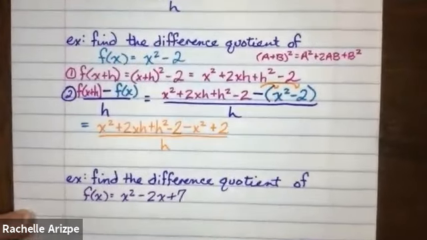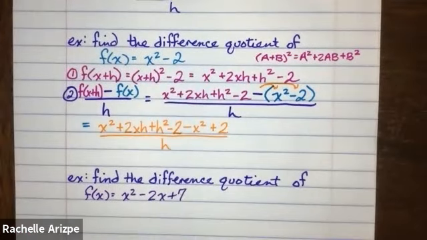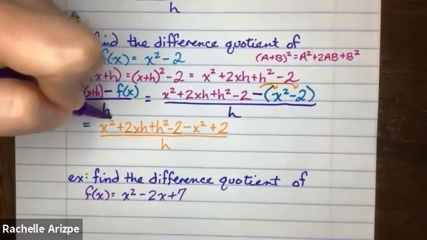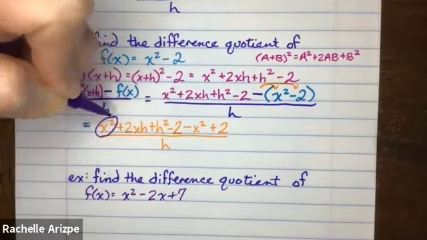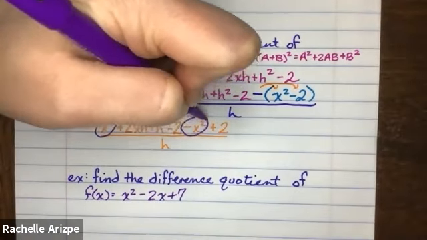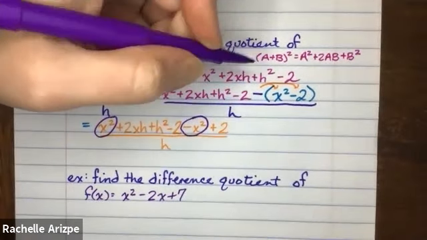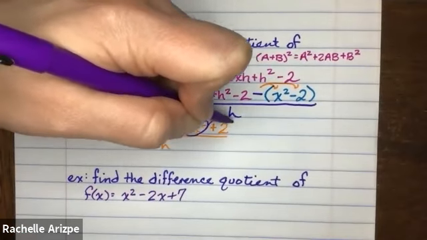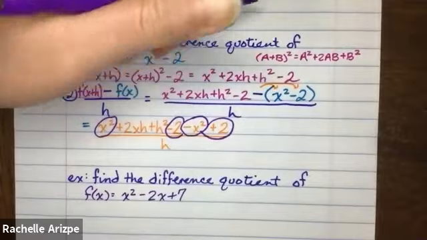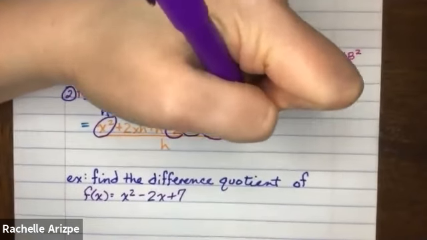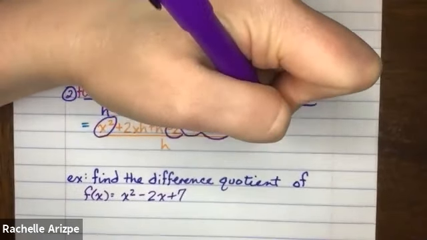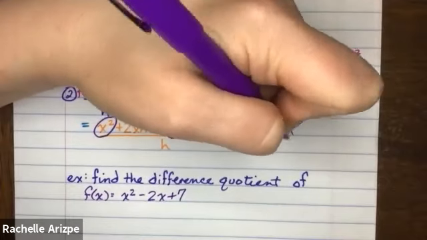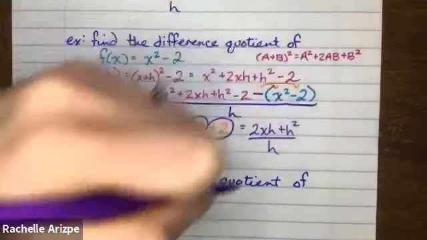Now at this point, terms should combine and really cancel from our numerator. For example, I see that x squared minus x squared cancel, and negative 2 plus 2 cancel. And so all I'm left with is 2xh plus h squared over h.